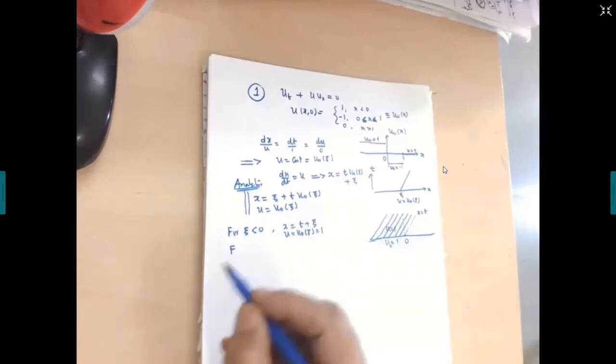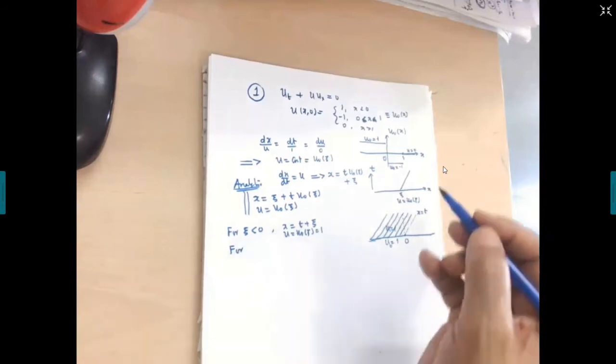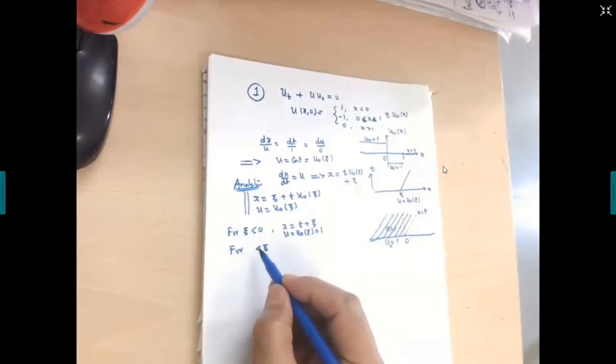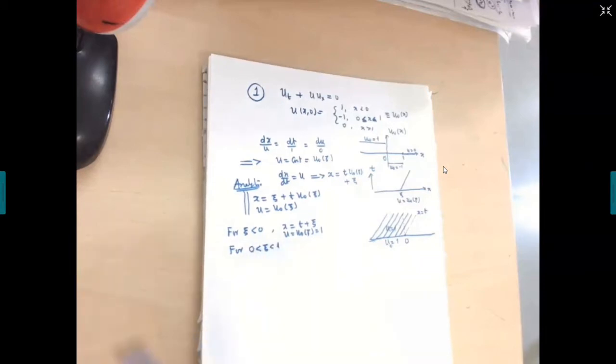Now for xi lying in this interval from 0 to 1, you have to tell me what the characteristics are. x is equal to xi minus t.